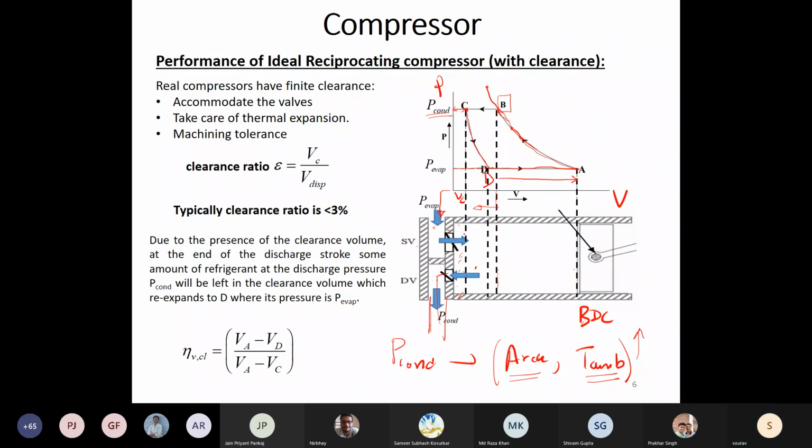We do not have any active control of the valve, unlike IC engines where we have cams and other active devices to operate the valves. Here it is purely based on the differential pressure. The moment the cylinder pressure goes below your evaporator pressure, the valve opens and suction happens. And the moment your cylinder pressure goes above your condensing pressure, your discharge valve opens and the discharge process happens.